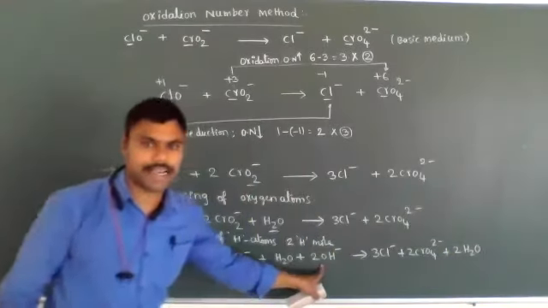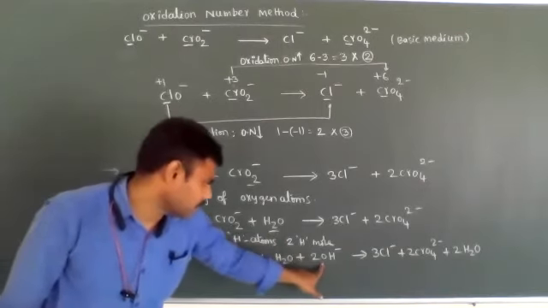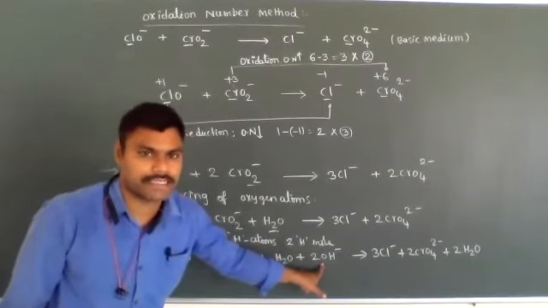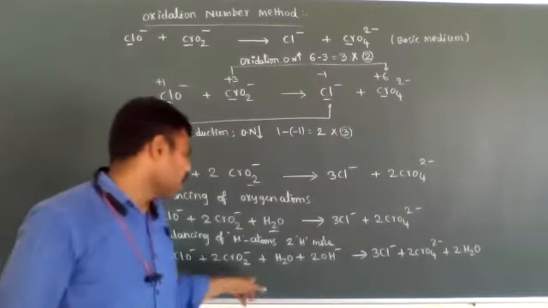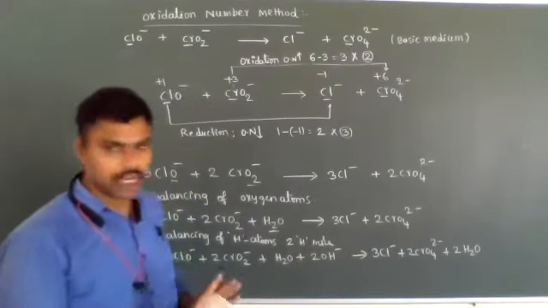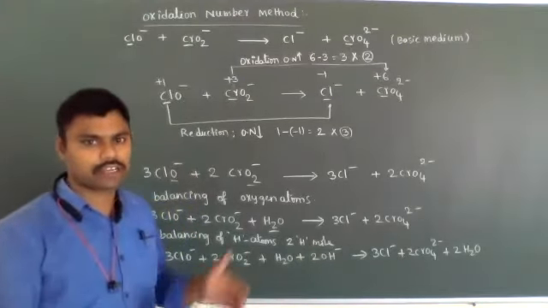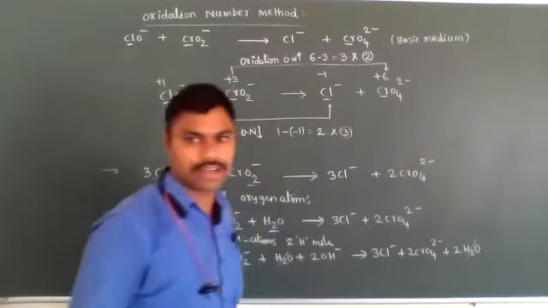Because 2OH minus was added. See, on the left side 2 hydrogen atoms are more. That's why on the left side only we added 2 OH minus ions and on the opposite side 2 water molecules. Then oxygen atoms and hydrogen atoms are all balanced. But when the same molecules are on the left and right, some molecules will be cancelled. Here one water molecule is present on the left and 2 on the right, so 1 will cancel.